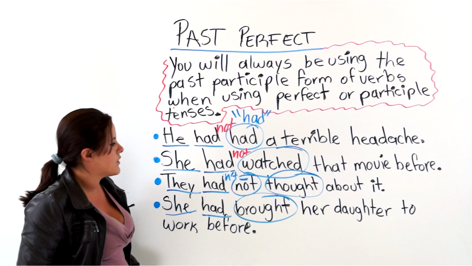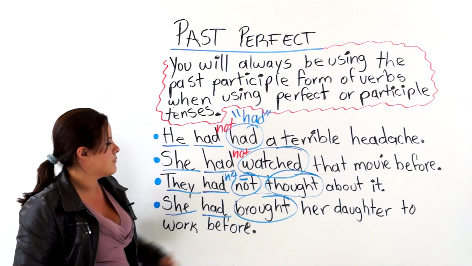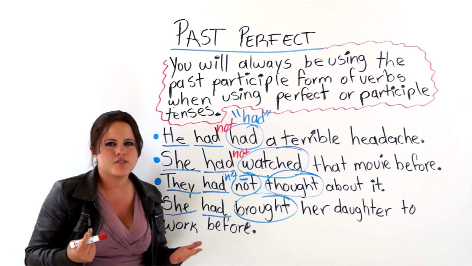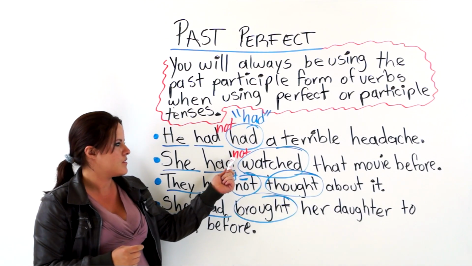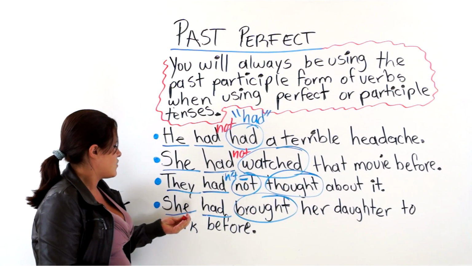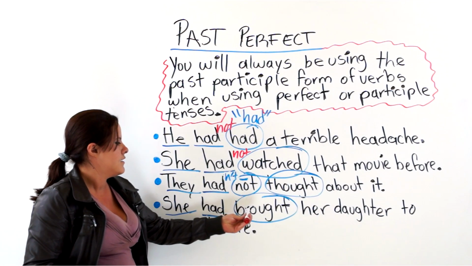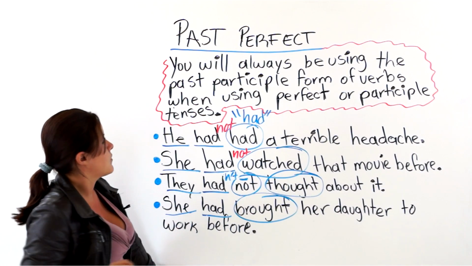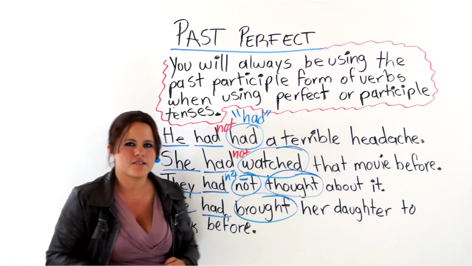They had not thought about it. She had not brought her daughter to work before. Okay? You can turn them into negative statements very simply, or you could just leave them as affirmative statements. Subject, had, and past participle of verb. That is a basic form of the past perfect tense.